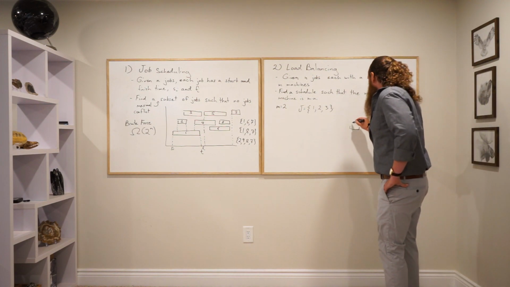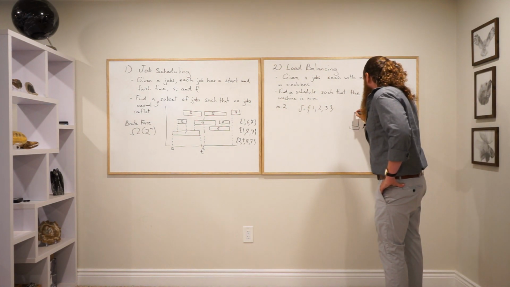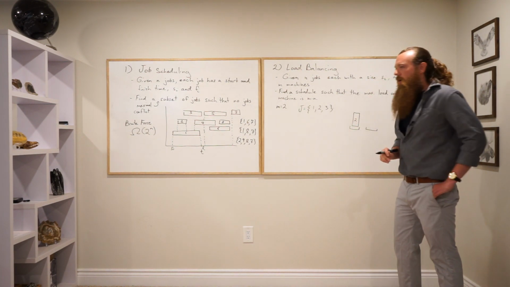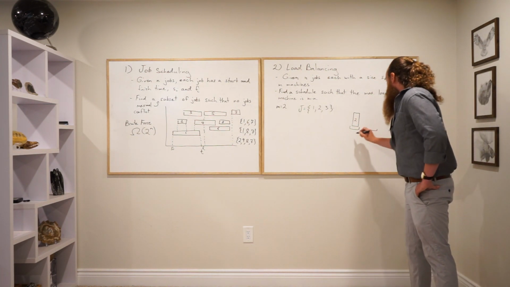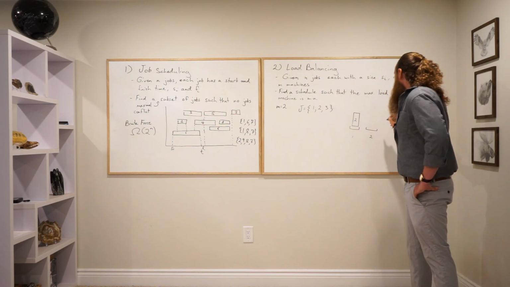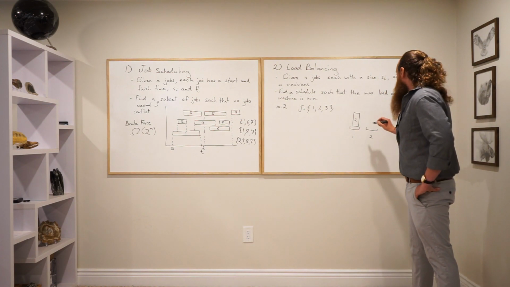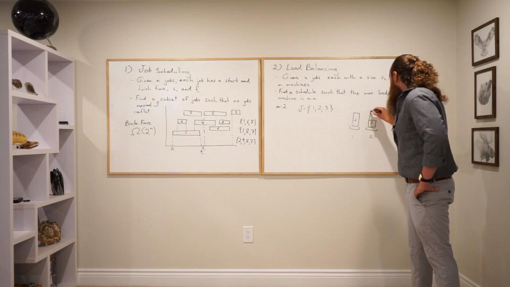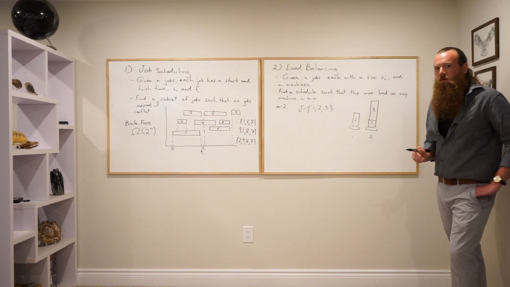Well, maybe I throw, and I'll do my best to draw this to scale, the size 2 job on this one. This is machine 1, machine 2, and on machine 2, I throw the other 2 jobs. So I have a size 1 job and my size 3 job here.